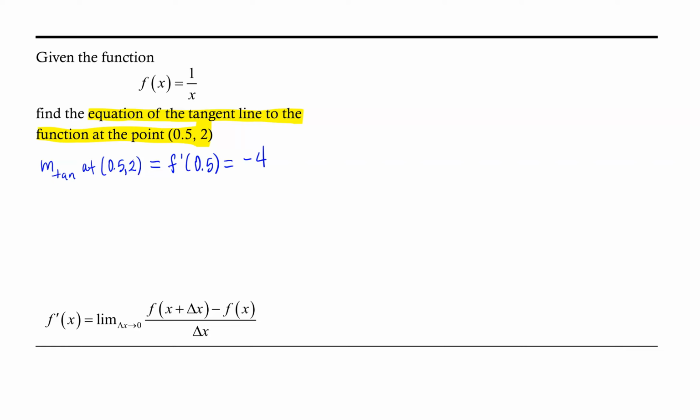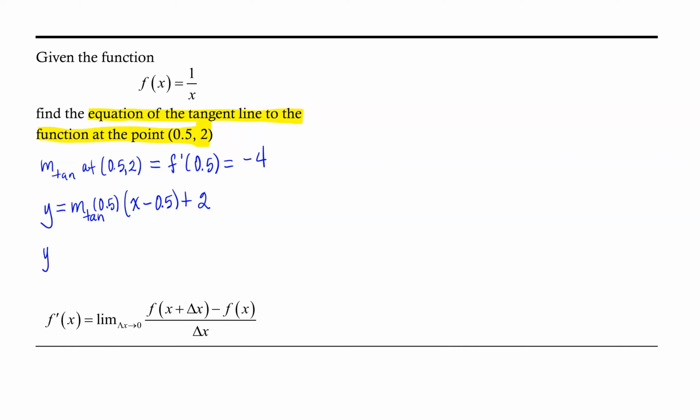Also, we need to know that the tangent line is y equals the slope of the tangent line at 0.5 times x minus our known x value, so 0.5, plus our known y value, which is 2.